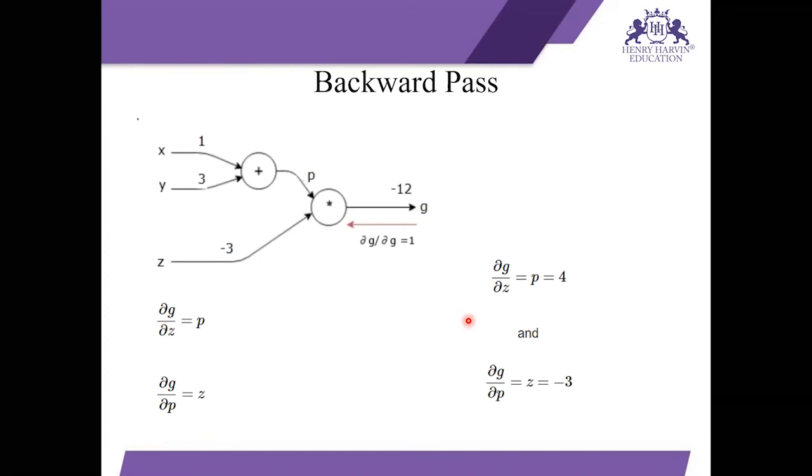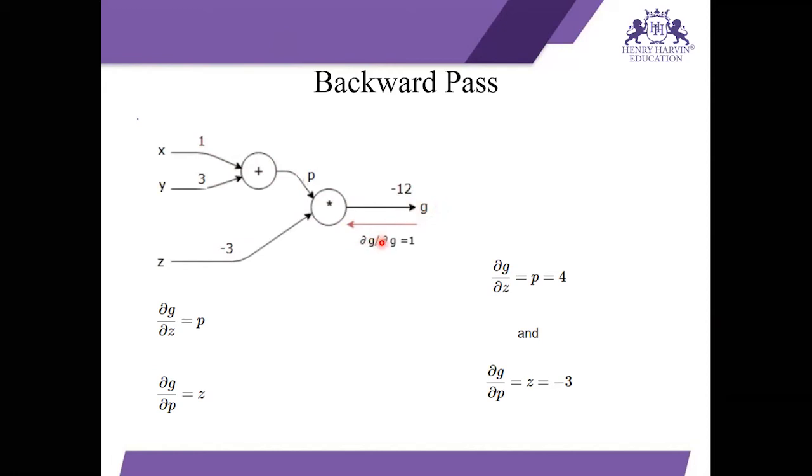Let us understand this in detail. We have seen in the previous slide that these two get added and we got P as 4, and this is minus 3, and when you multiply that we get the answer as minus 12. So G is minus 12.